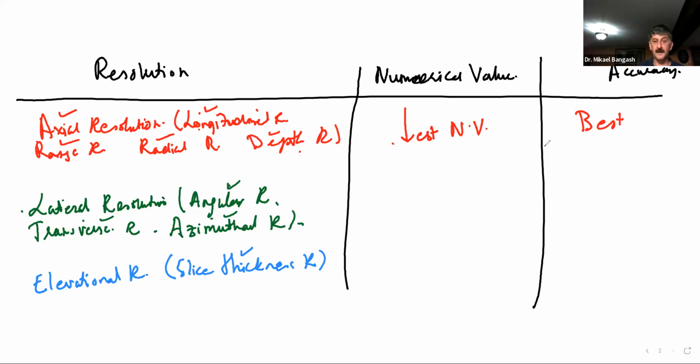We can make a jump, because we can mainly say that your elevation resolution, or slice thickness resolution, out of these three resolutions, is always going to have the highest numerical value.